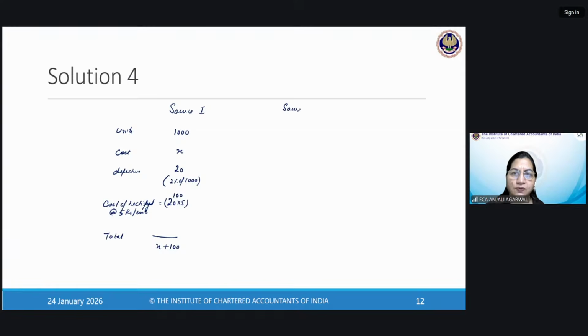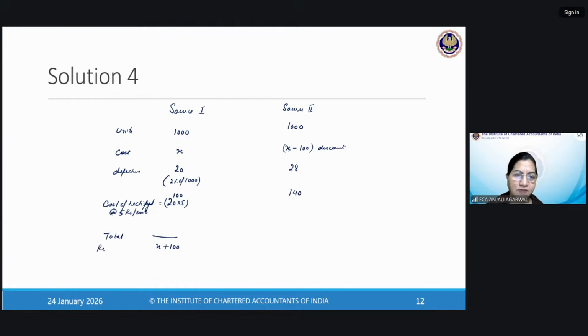Source 2, units ordered in lots of 1,000. Cost will be X minus 100. He's giving you a discount of 100 rupees. Defectives will be 28. Cost of rectifying defective would be 140.